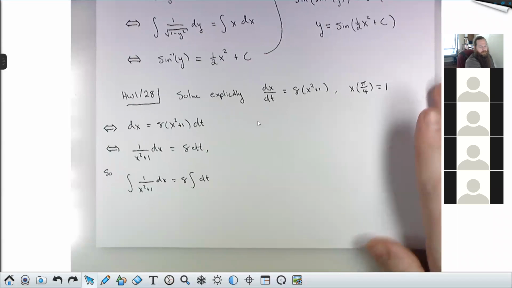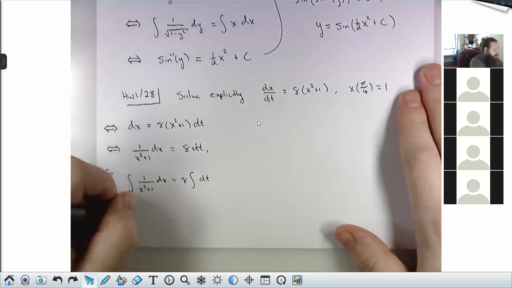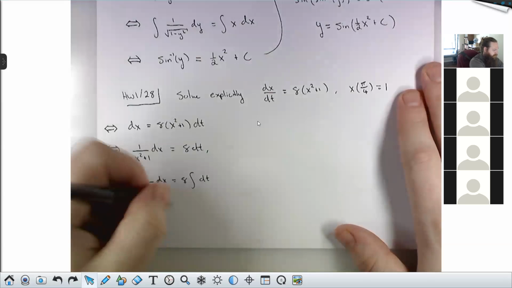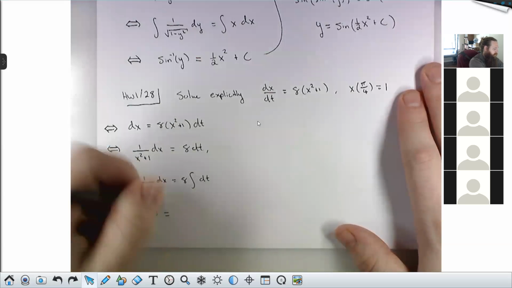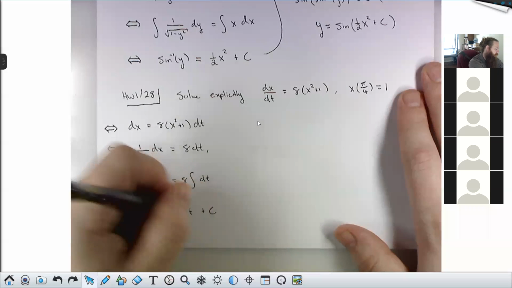What is the integral on the left-hand side? Inverse tangent. Very good. Inverse tangent of x. You can write it as inverse tangent like this, which is how I like to write it, or you can write it as arctan. You get inverse tangent of x is equal to 8t plus c.